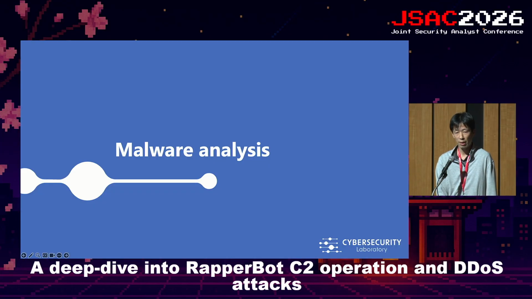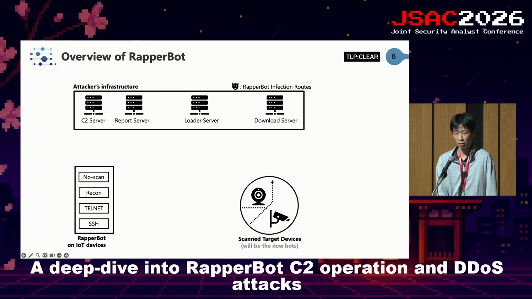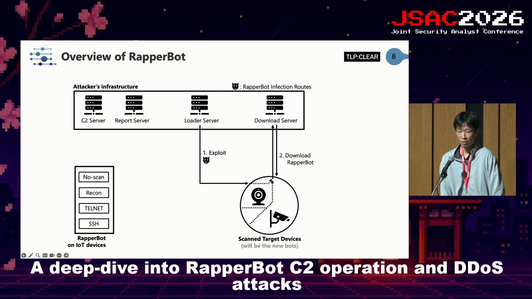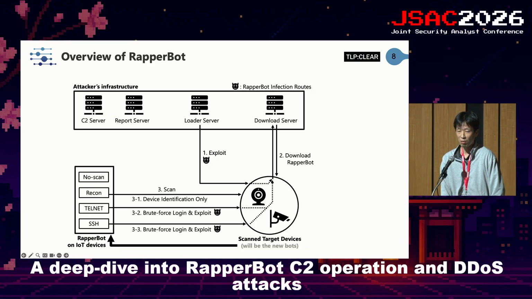Let's begin with malware. This is the RapperBot overall picture. The attacker sends an exploit to the loader server, and the IoT device downloads the RapperBot. The victim device will become part of the botnet. Out of 4 types, 3 will start scanning to find the next victims.